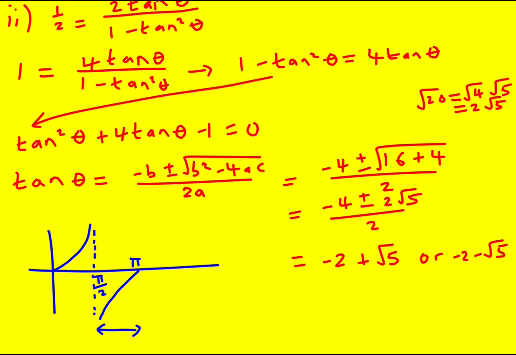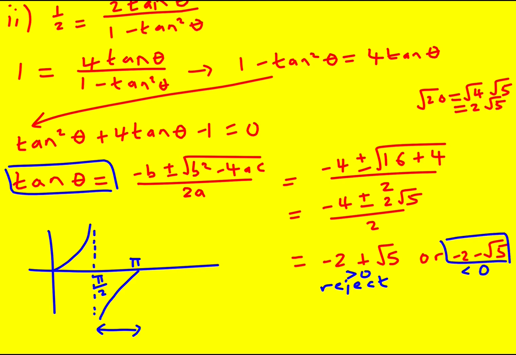So the first one, root 5 is greater than root 4, so it's definitely going to be greater than 2. This is going to be greater than 0, whereas this is definitely going to be less than 0. So I'm going to reject the first one. And tan theta is going to equal minus 2 minus root 5.